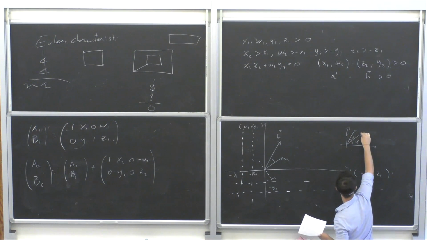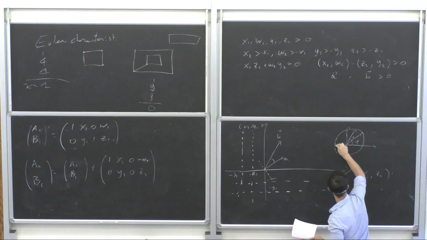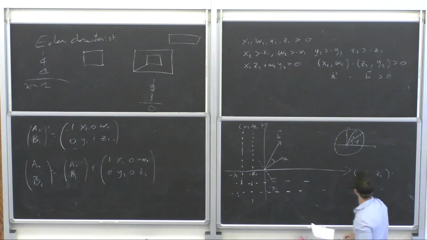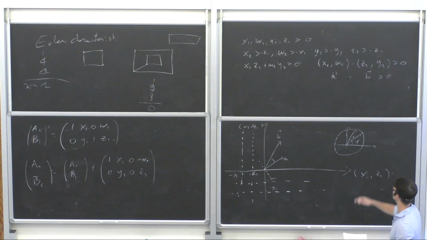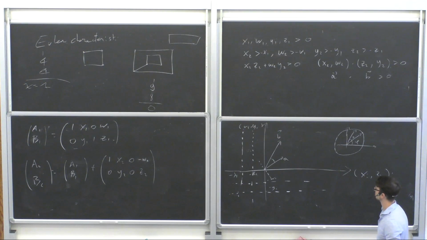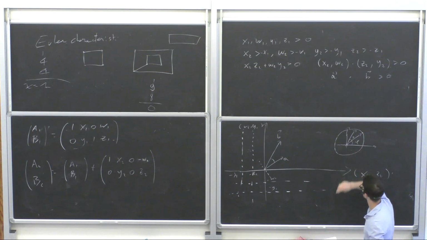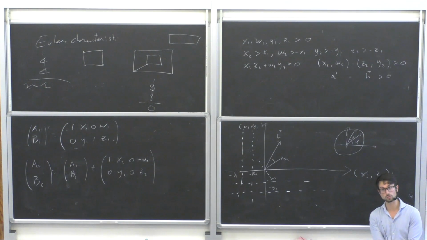So I can define a circle in the space. And then, forgetting about other degrees of freedom for a moment, let's think about just the radius of this circle. Well, this circle cannot really be contracted to zero radius, because if the radius is 0, the scalar product between the two vectors will be 0, right?